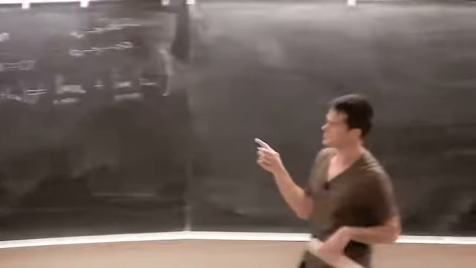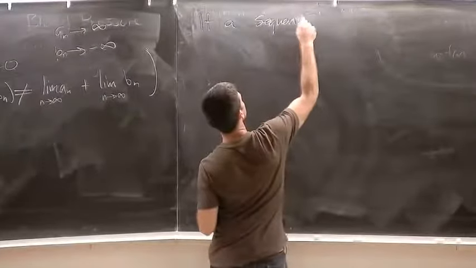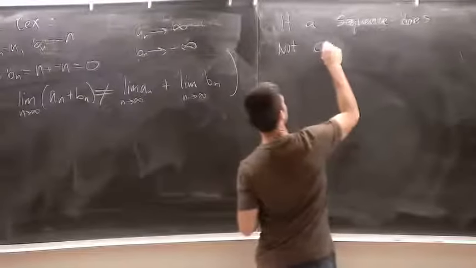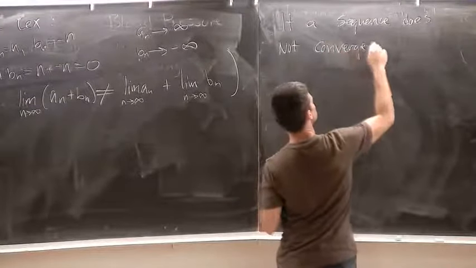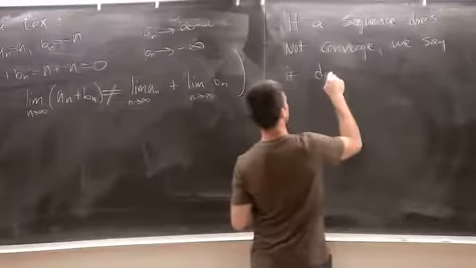I already defined what it means for a limit to converge, but if a sequence does not converge, we say it diverges.